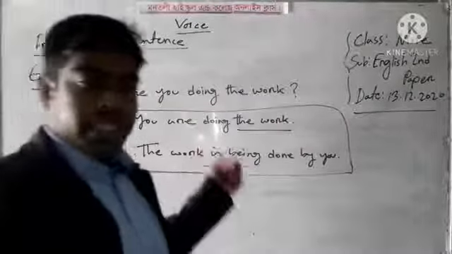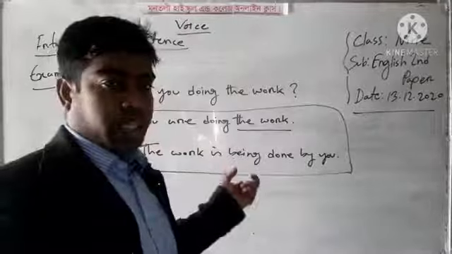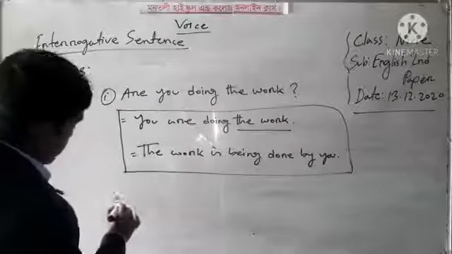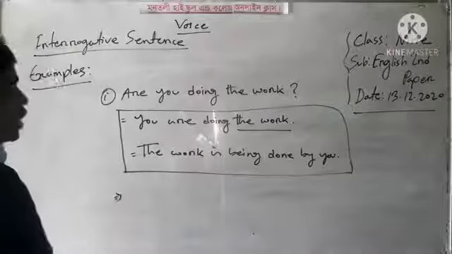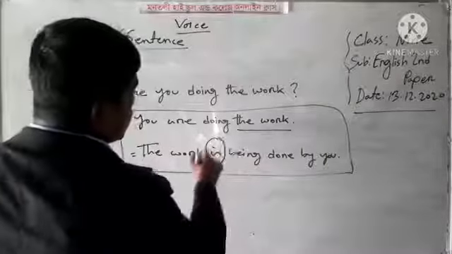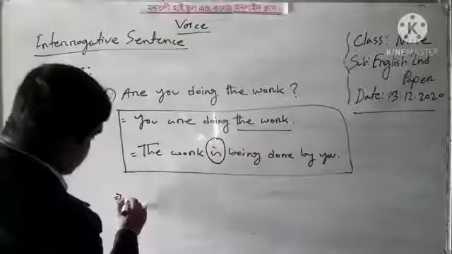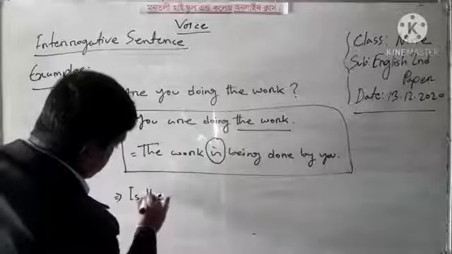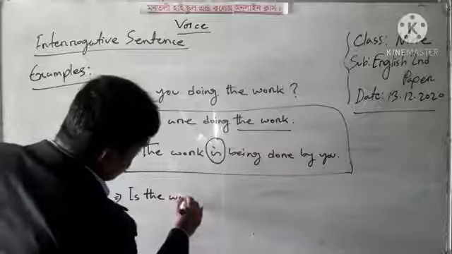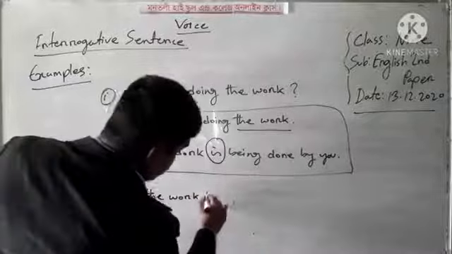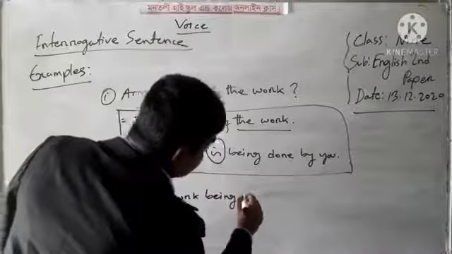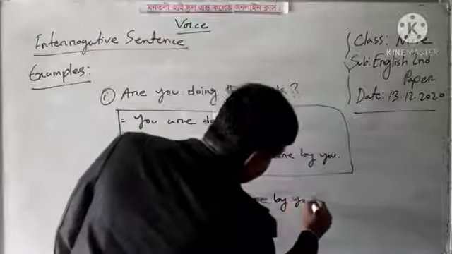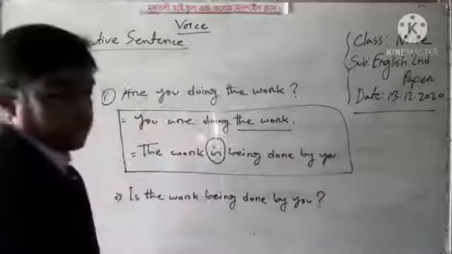Now the principal work is that I have to turn it into passive form. So here is the auxiliary verb, I have to write the auxiliary verb at first. Is the work being done by you? Now the interrogation mark.